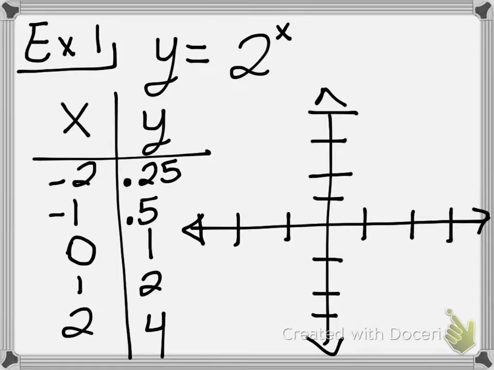All right, so I'm first going to graph the (0, 1), which is actually going to be right here. (1, 2), (2, 4), and I'm going to graph the negative x values.